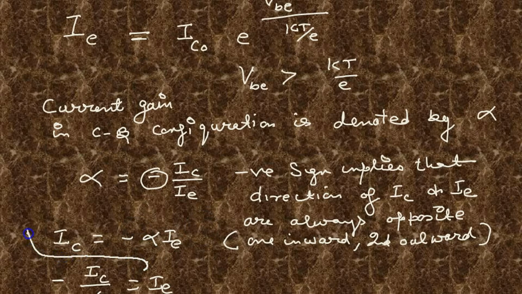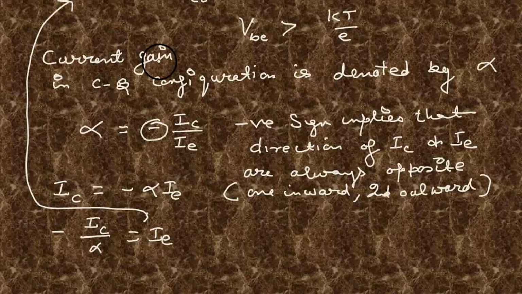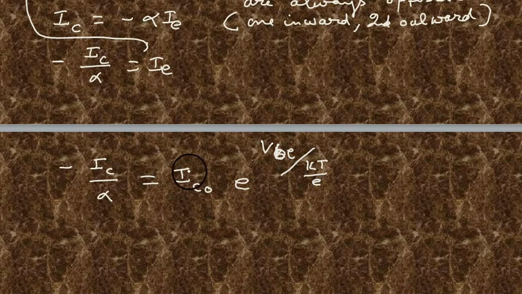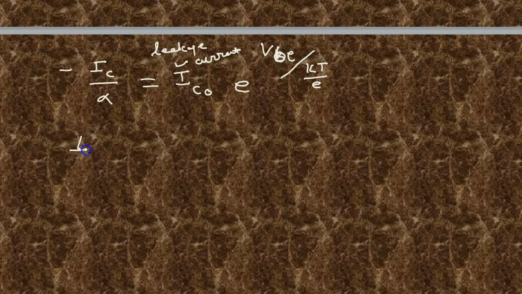Substituting this IE in the above expression, and just simplifying. ICO is the leakage current.